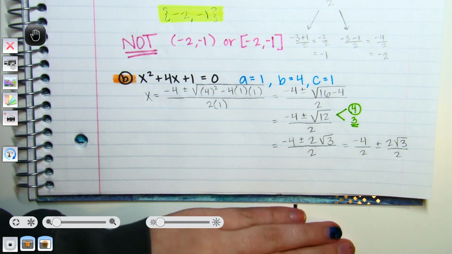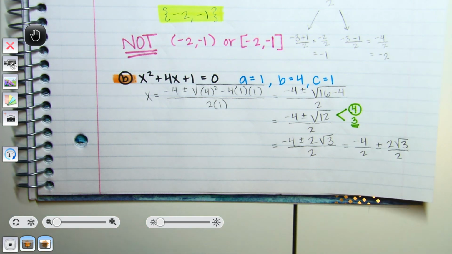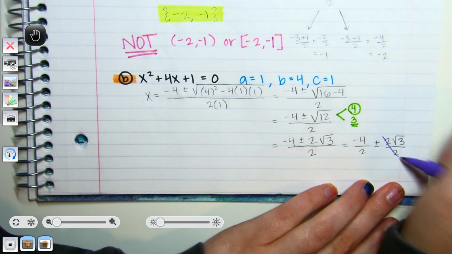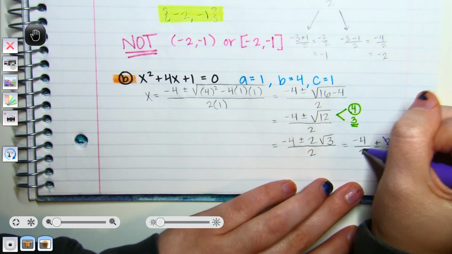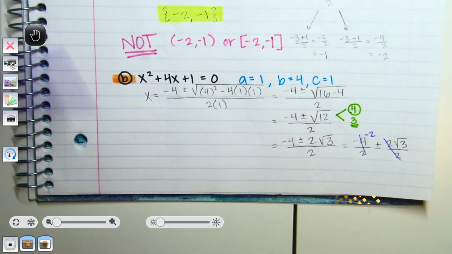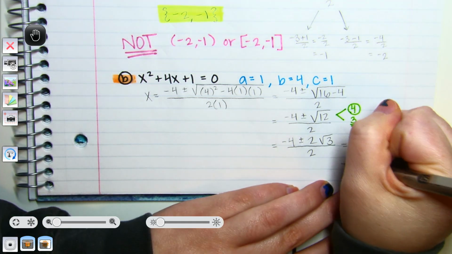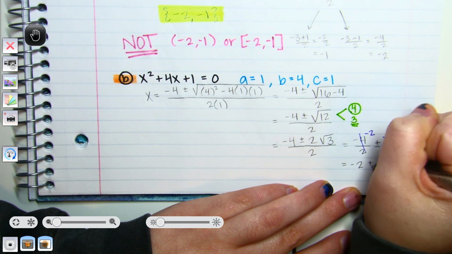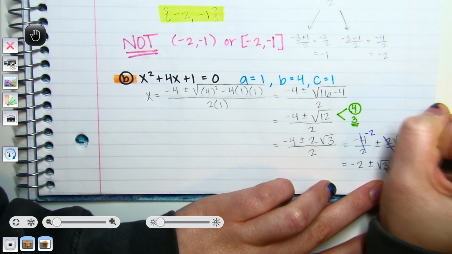If we were to split it up, that's what would happen. And if we do that, we can simplify those 2's, and we can also simplify this. And I am left with -2 plus or minus the square root of 3.